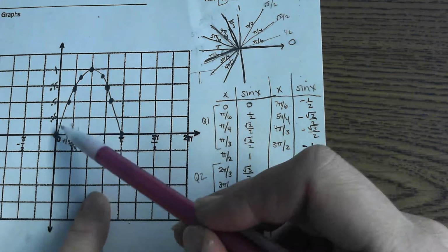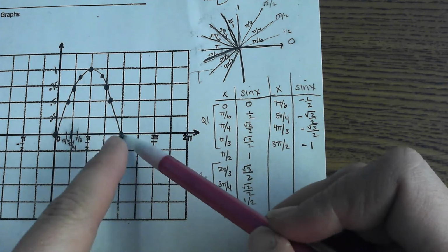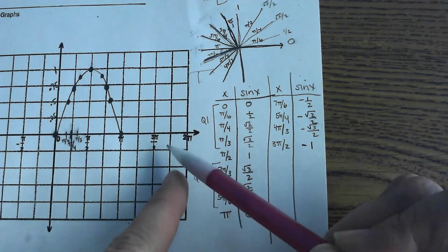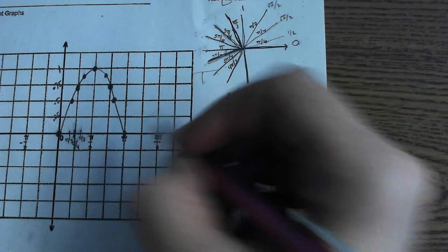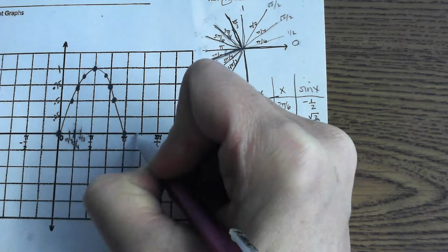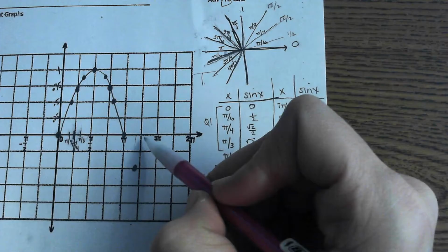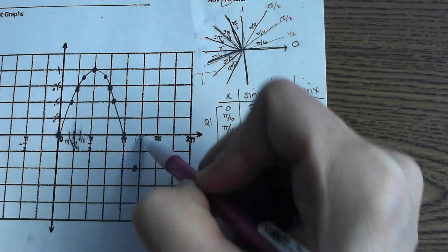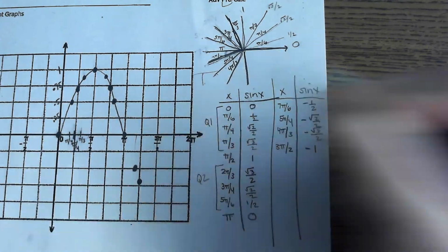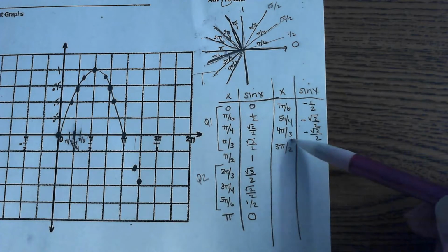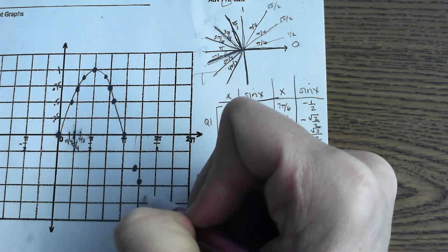And as you know from your two-dimensional parent graph, this is when it finally drops into the negatives. So 7 pi over 6, negative 1/2. 5 pi over 4, negative root 2 over 2. 4 pi over 3, it's negative root 3 over 2.